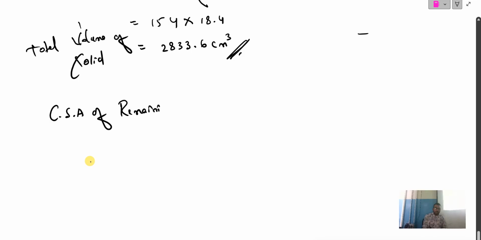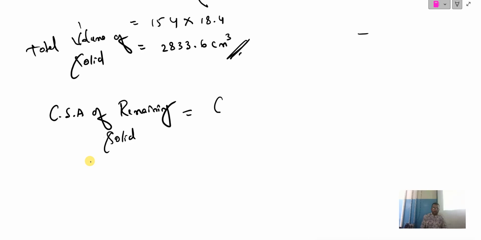Left out is l, pi r came out, h of cylinder. L plus r. Pi r we have taken, so one time r plus h of the cylinder plus 2 pi came out, one time of r.